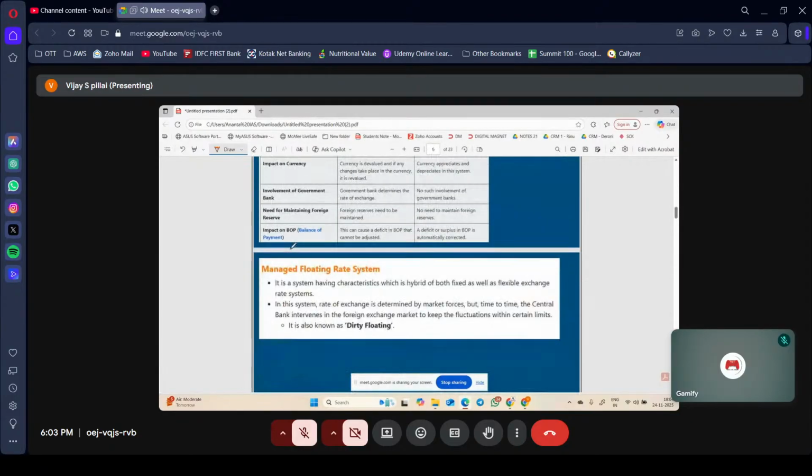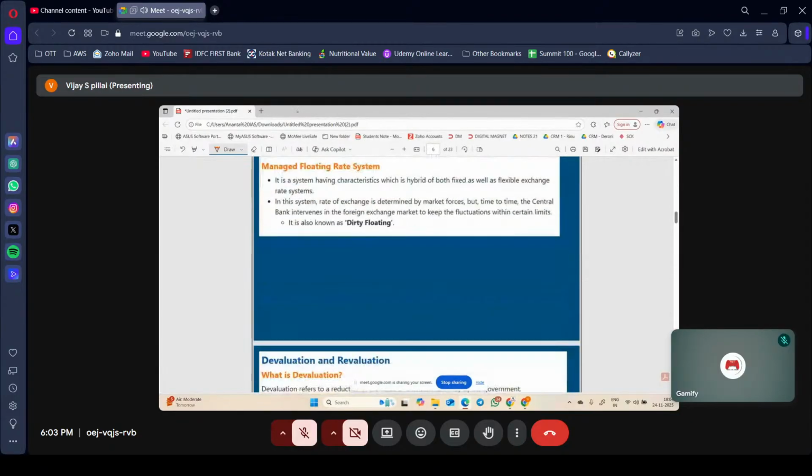Then comes the managed floating rate. What is managed floating rate? It is a hybrid system, having the characteristics of both fixed as well as flexible exchange rate systems.